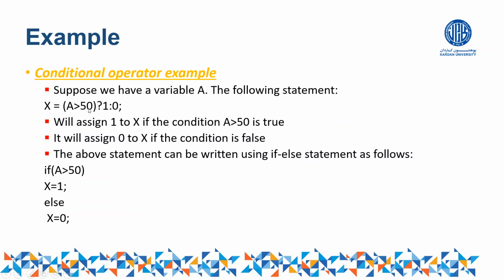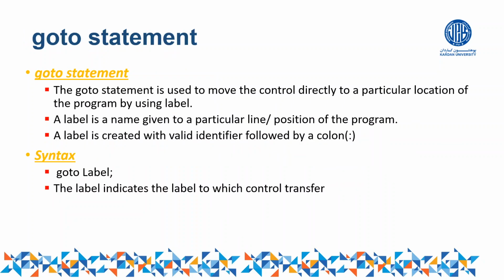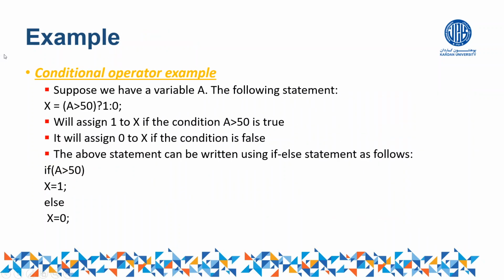If this condition is true, then put 1 in x and display the value of x. But if this condition is false, suppose the user enters a value which is less than 50, then obviously in that case 0 will be assigned to x and the value of x will be displayed on the screen.